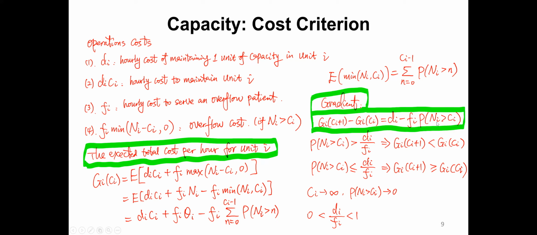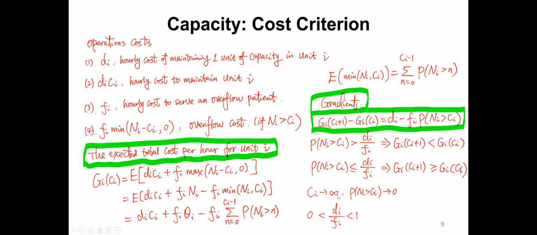Now, if this probability is greater than Di over Fi, then the cost when you add one is less than the cost at Ci. If it is less than Di over Fi, then the cost at Ci plus one is greater than this previous cost.